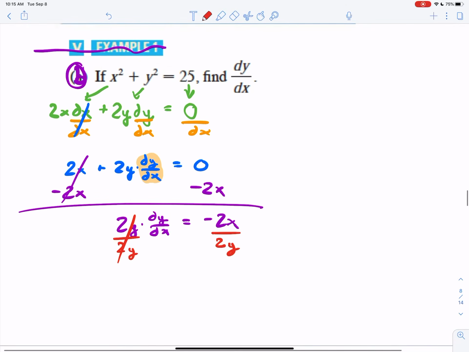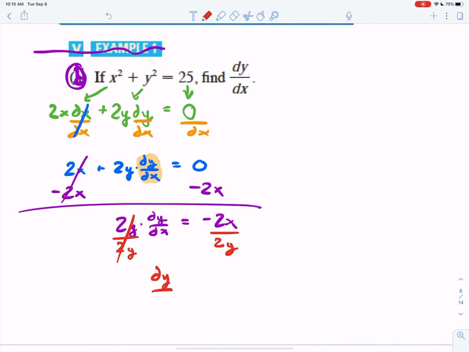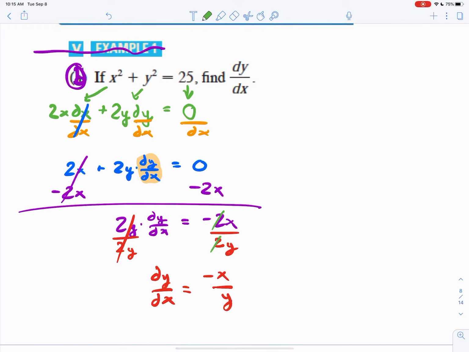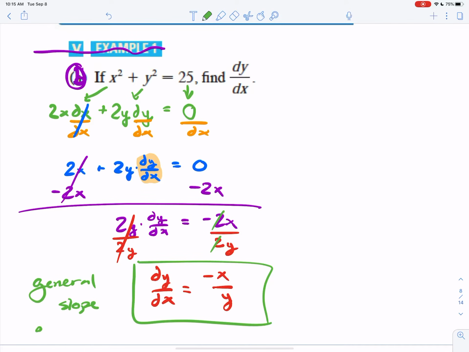So dy dx will equal negative 2x over 2y, or if you simplify it, negative x over y, because you could definitely reduce out one of the 2's. We found the slope of a tangent line, the instantaneous rate of change. Just the general slope, nothing specific here.